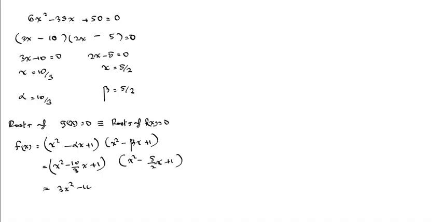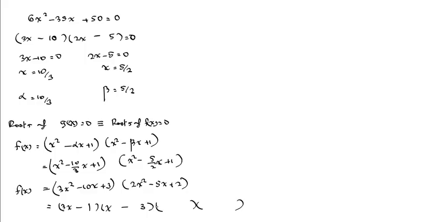So, 3x to the power 2 minus 10x plus 3, and 2x to the power 2 minus 5x plus 2. Now this is a quadratic equation. You can factorize this. 3 into 3 is, so you get 3x and x. For you to get 10, you can get here 3, here 1, minus minus. Same thing here, 2x and x, 2 and 1, minus minus.